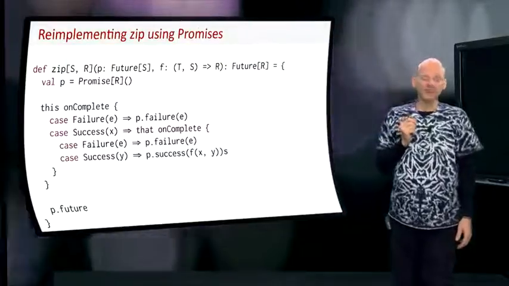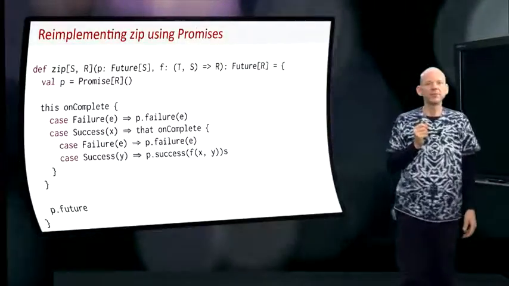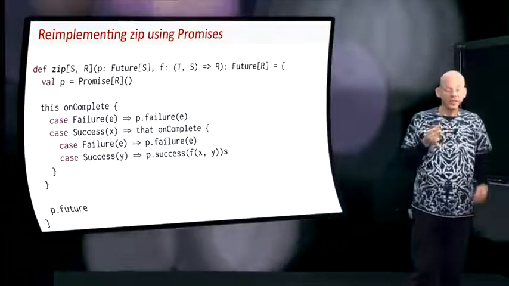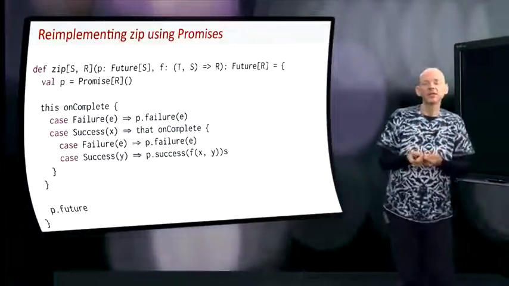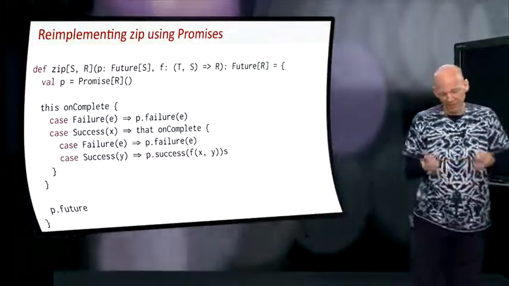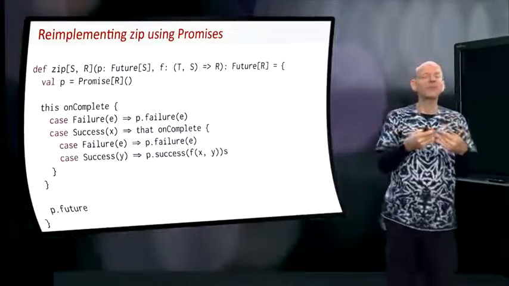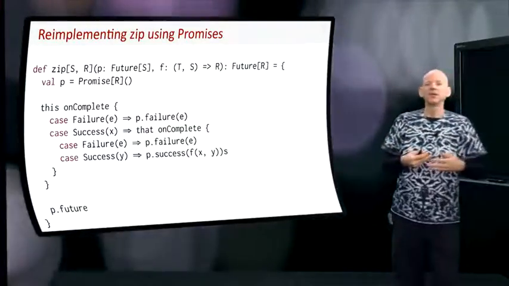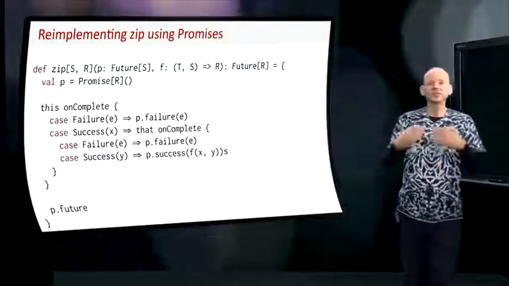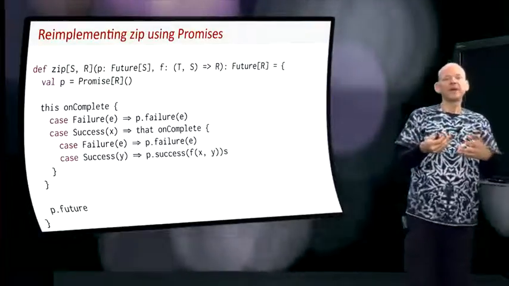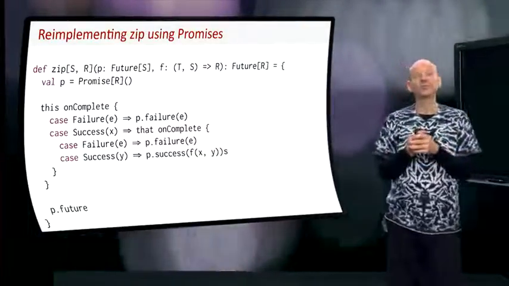Let's implement zip using promises. So zip takes two futures, and what it does is it tries to zip them. When one of them fails, the whole thing fails. When both succeed, you return the pair with the two values.